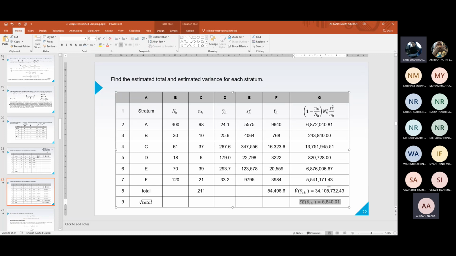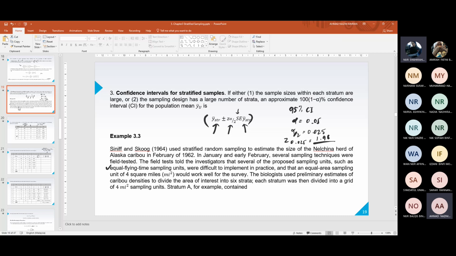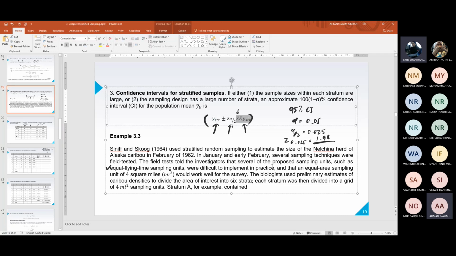Then it will lead you to have a wrong confidence interval, because for the confidence interval, you need to use this value, right? So please make sure you double check your answer before you proceed with the confidence interval calculation.